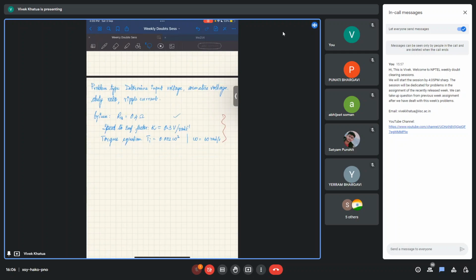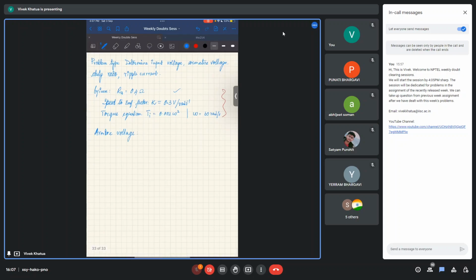Now let us take that we are interested in finding the armature voltage. We would directly use the speed torque relation equation. Why are we using this equation?